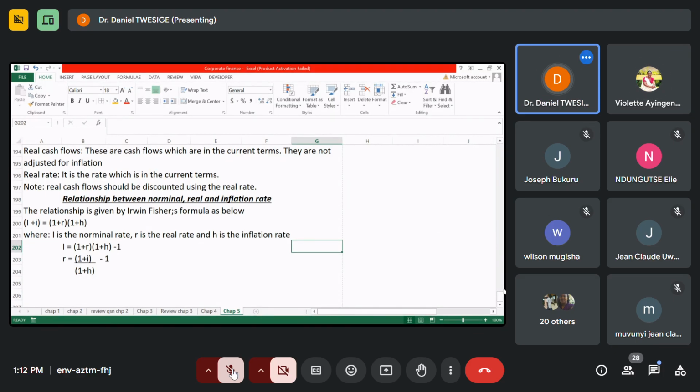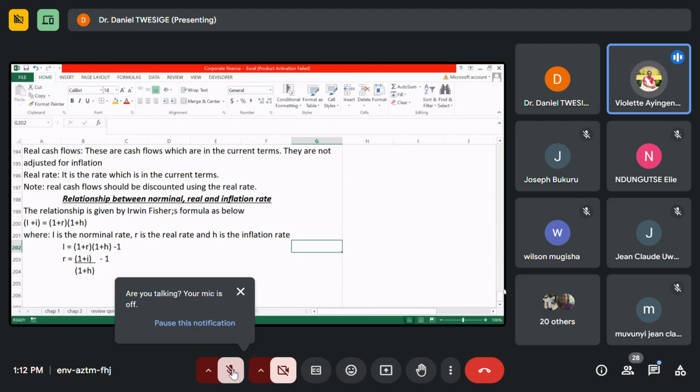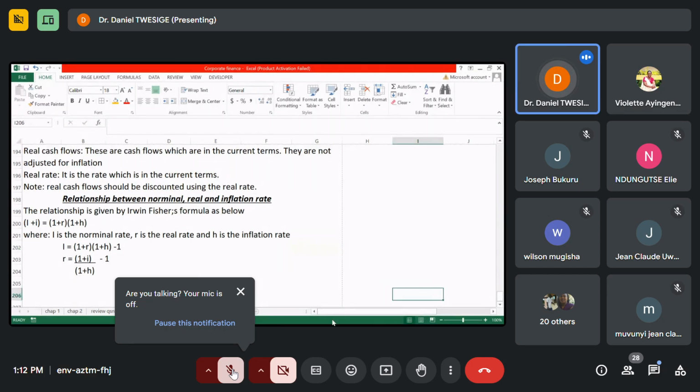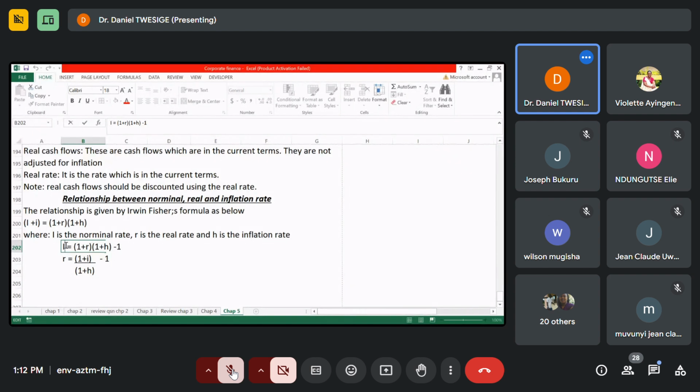Excuse me, sir. Yes. When we look at the relationship between nominal, real, and inflation rate, when we try to get the nominal rate, it seems that the I is not there. Which one?